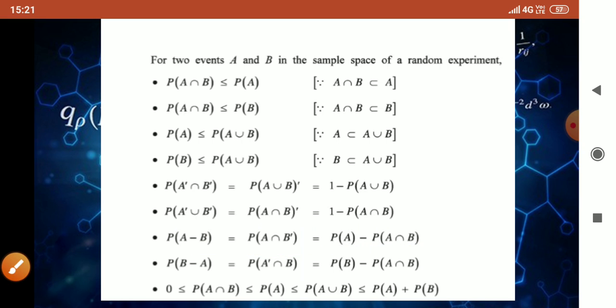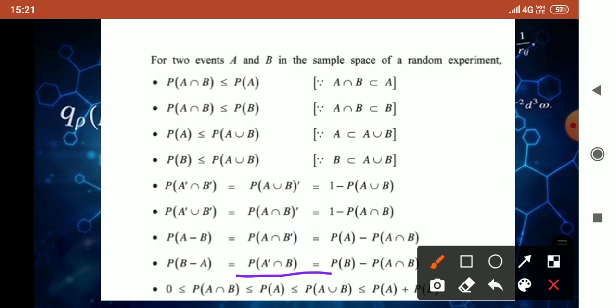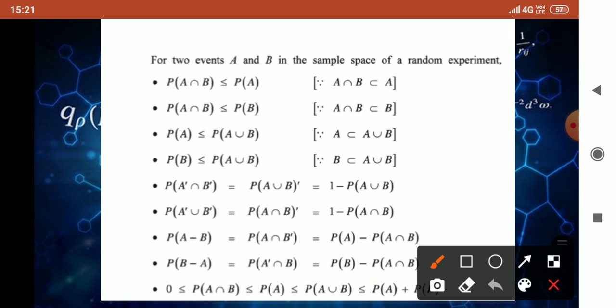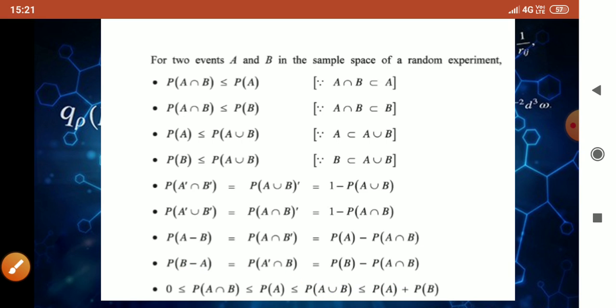Okay, P(B minus A) equals P(A dash intersection B), which is equal to P(B) minus P(A intersection B). And lastly, what we will learn is the series. See this all. Okay, 0 is less than or equal to P(A intersection B), then P(A union B), and lastly P(A) plus P(B).